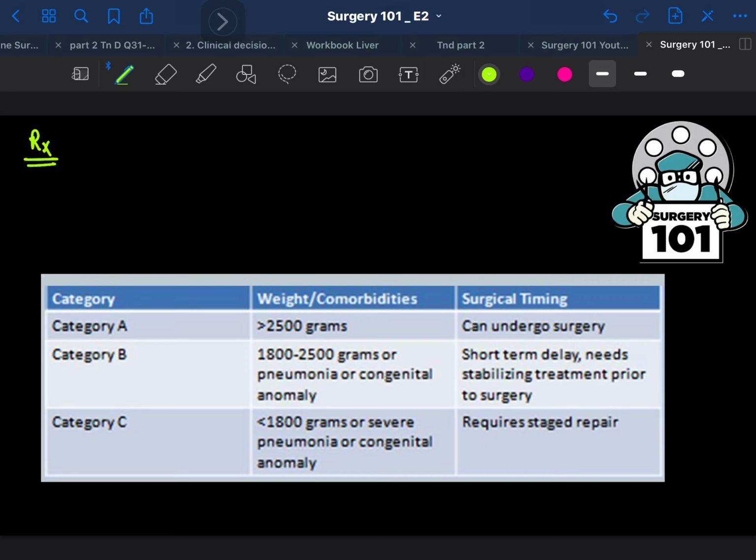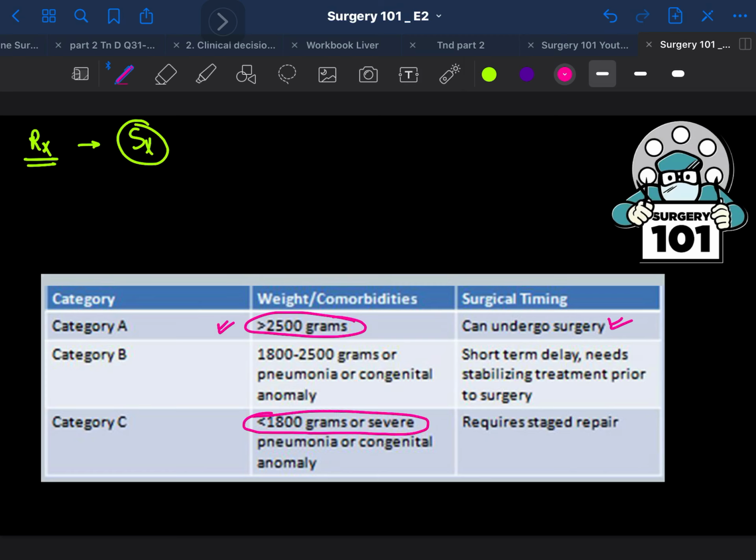Now let's talk about the treatment. So treatment is basically surgery, but whether you should go in for an immediate surgery or you first need to resuscitate the patient, this is what you get by the Waterston criteria. As you can see, if the weight of the newborn child is more than 2.5 kgs, you can go in for the surgery immediately.